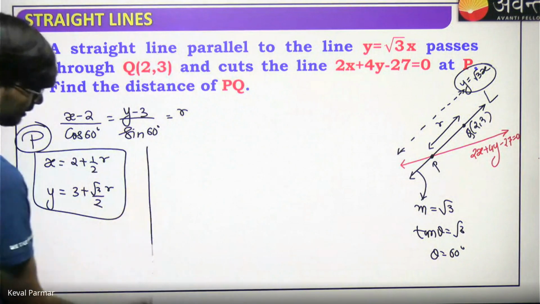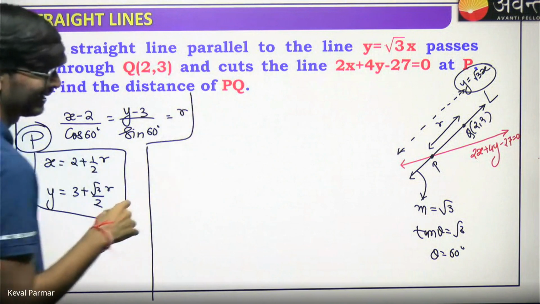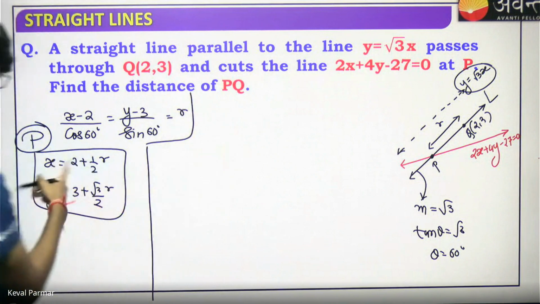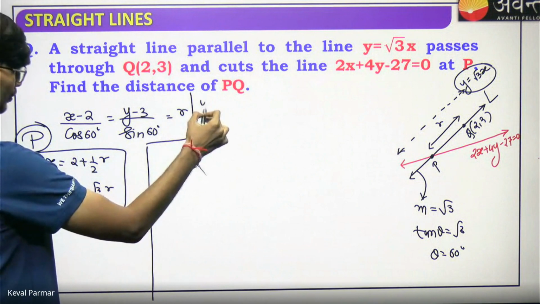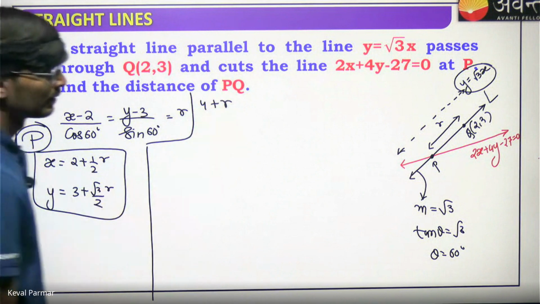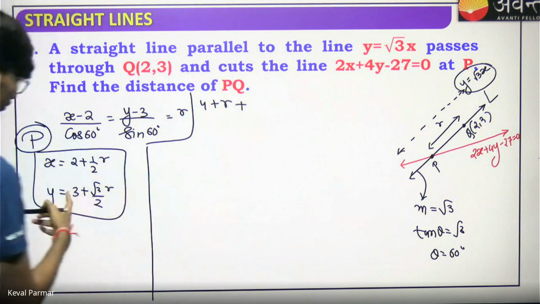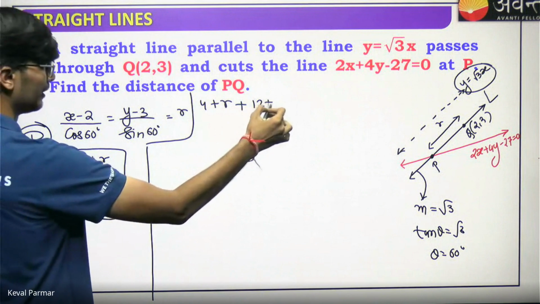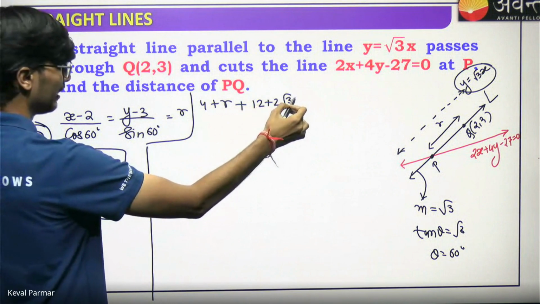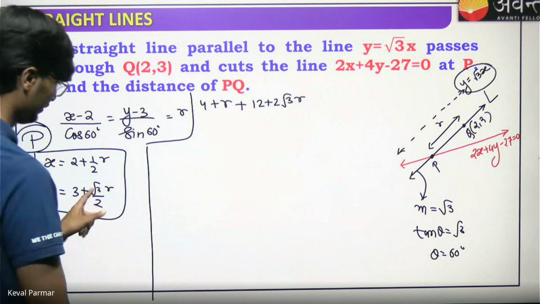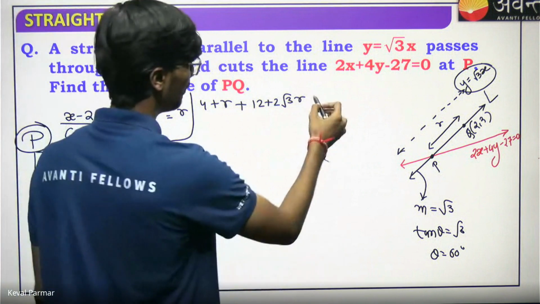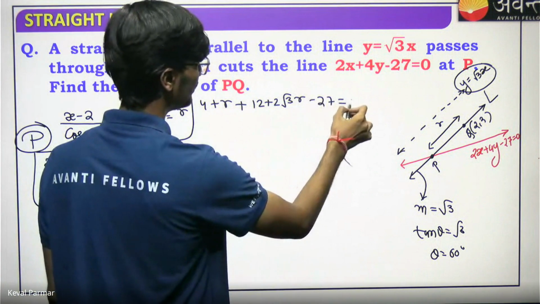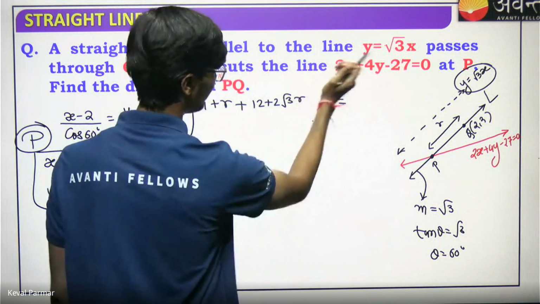Let us substitute it. If I substitute it, I'll get 2x, so 4 plus r, plus 4y, so 4 threes are 12 plus 2 root 3 r, right? Four times, yes, multiply. Minus 27 equals 0. So I can write it equals 27. Correct?